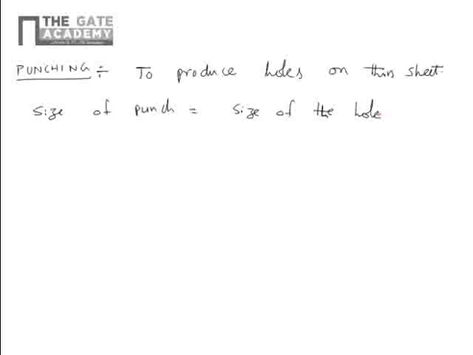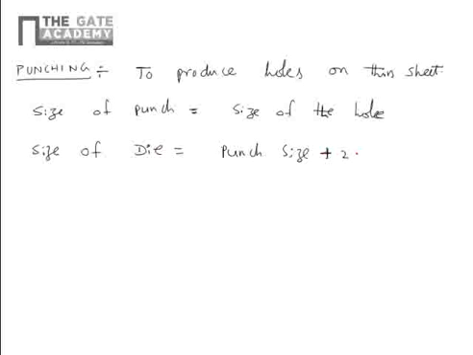The objective is, if you want to produce a hole of diameter 10 mm, then the size of the punch you have to take is 10 mm. Size of the die equals punch size plus 2C, because we have discussed that die size is always greater than punch size.